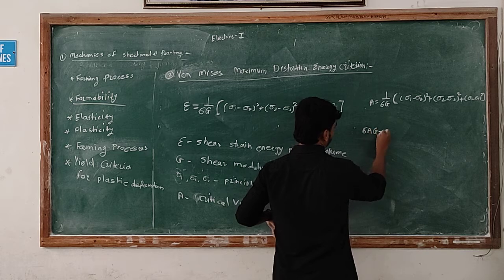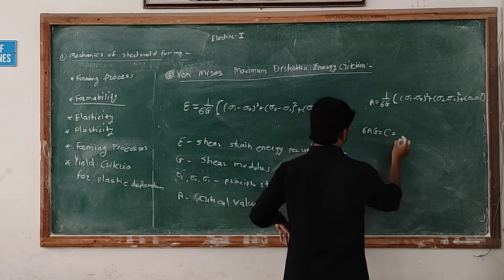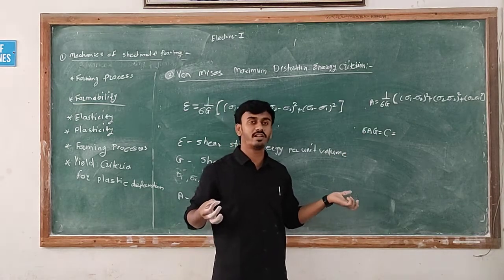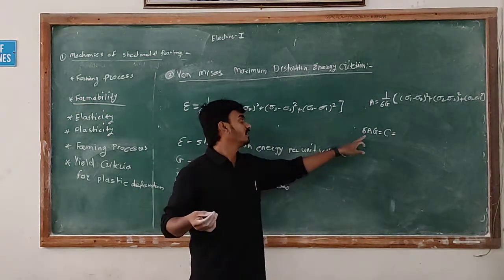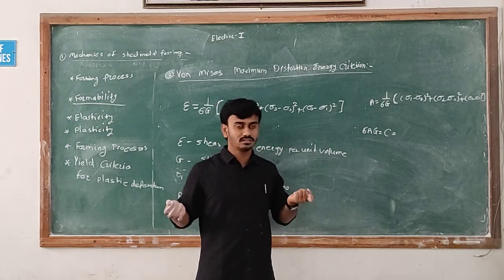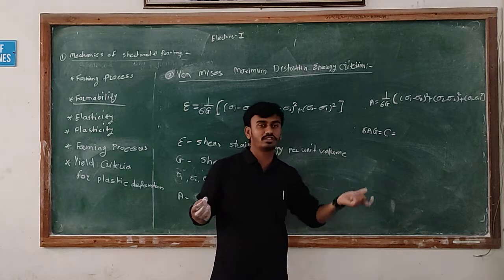Therefore, 6AG is equal to a constant, because A is a critical value of the shear strain energy and is constant for any given material.